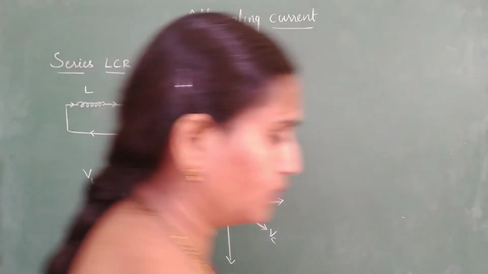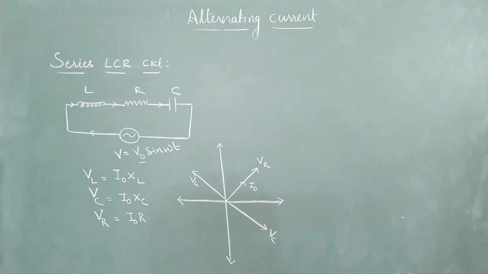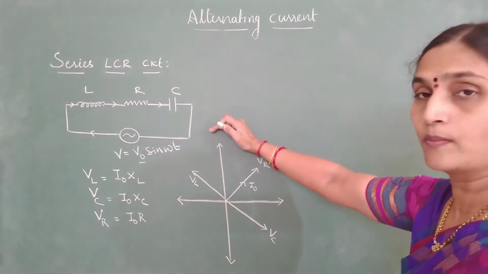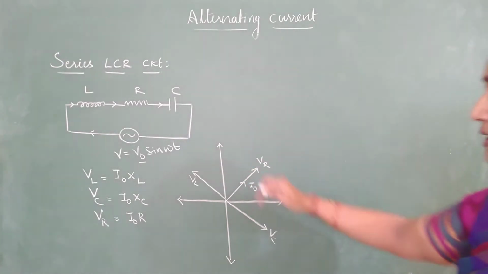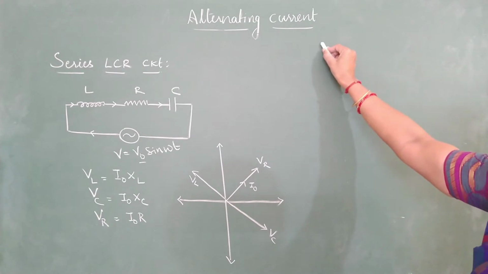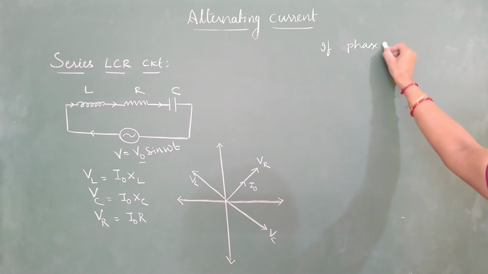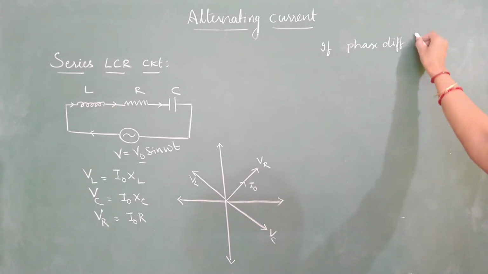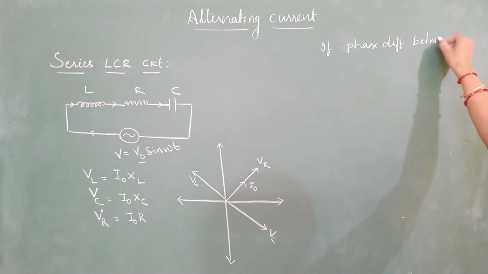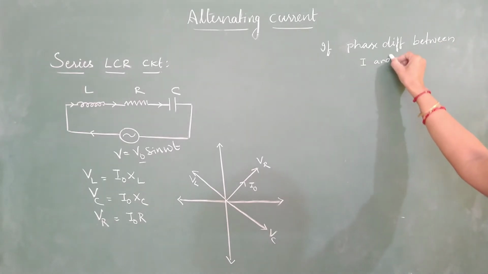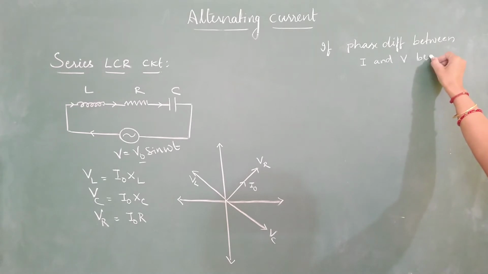But here I will tell you one generalized condition for resonance. Look at the condition. A series or a parallel LCR circuit, or any combination of L, C and R, will be driven into resonance if the phase difference between current and EMF becomes zero.